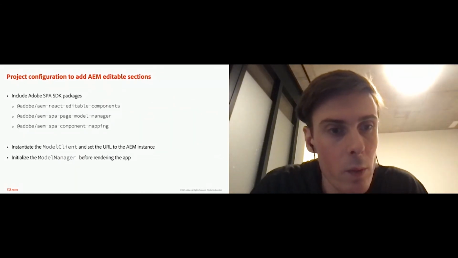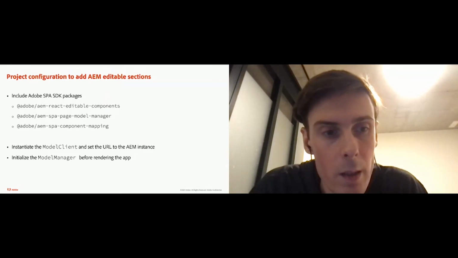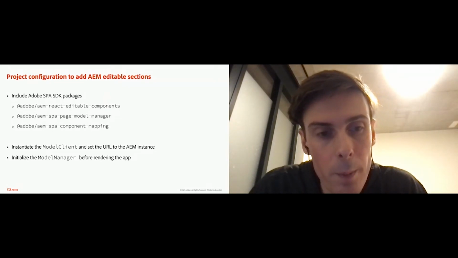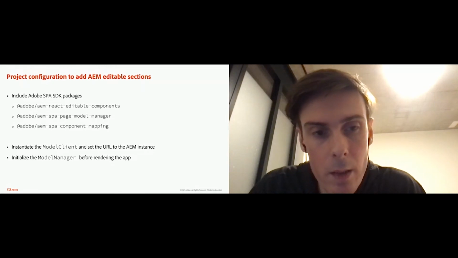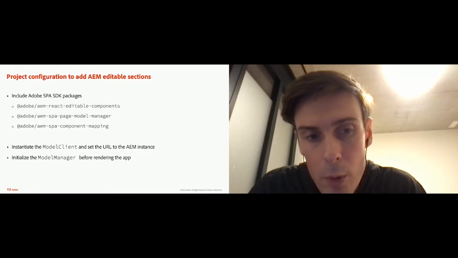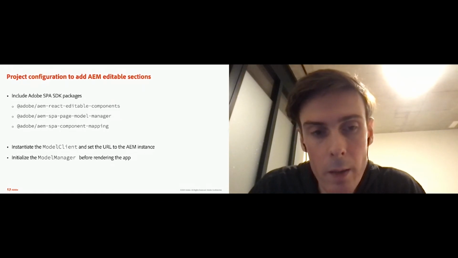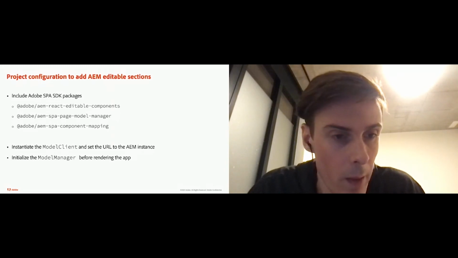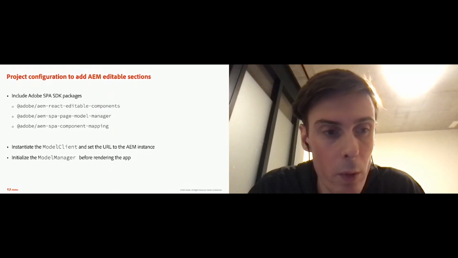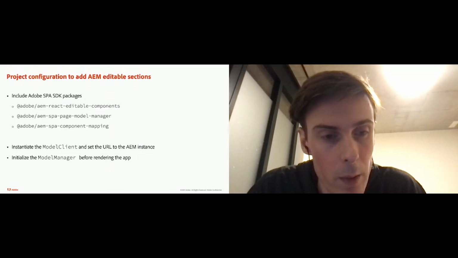Here you will have to list these three dependencies in your project, instantiate the model client, and set the URL that points to your AEM instance, so that the model manager can then fetch the model and display the data and have the front-end component render this data. And finally, before your app starts, we require you to initialize the page model manager.